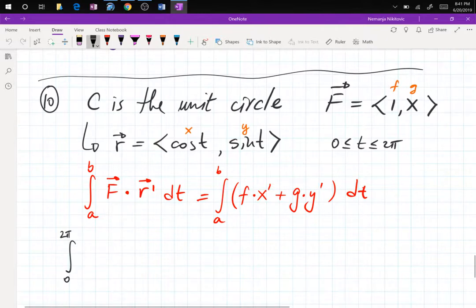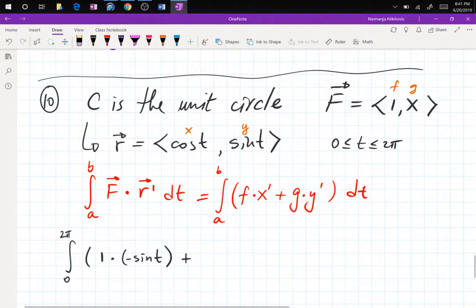Now my f is 1 times the derivative of x, which is negative sine t, plus my g is x. But x is cosine t. Do we see that double substitution? Let me go one more time.